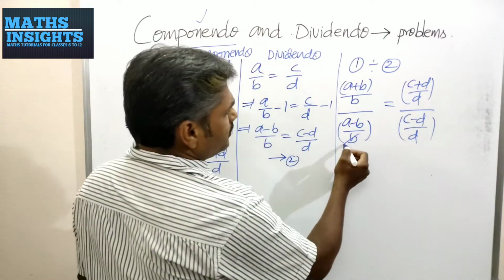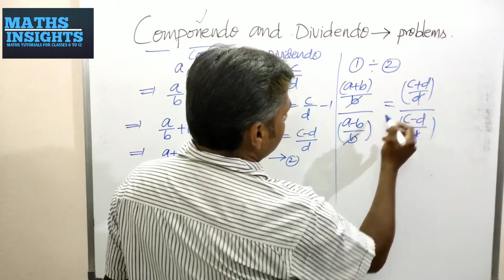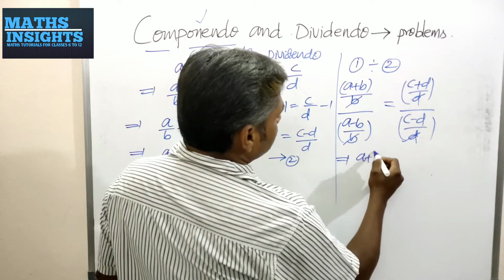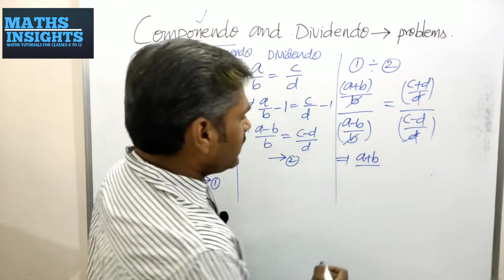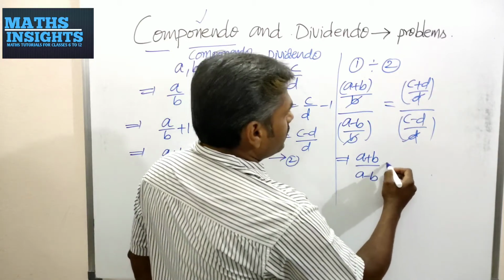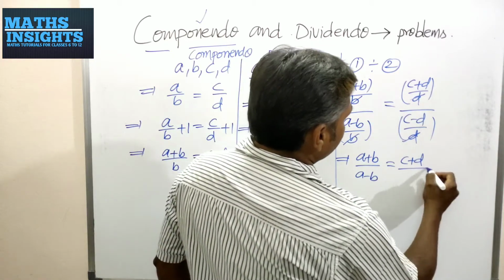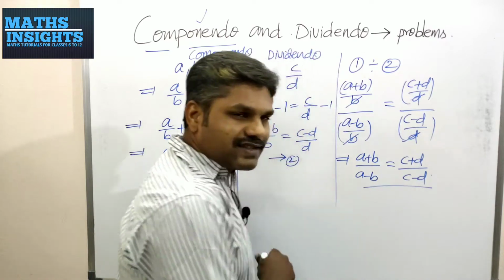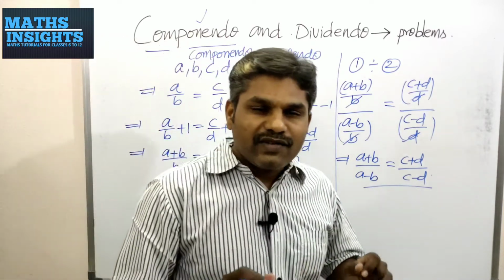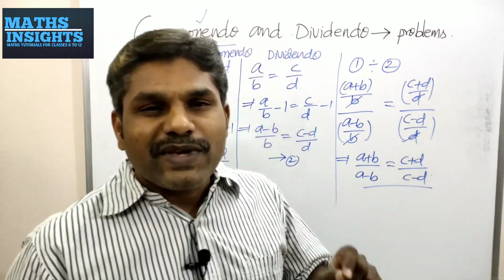If you cancel b and d, you will remain with (a plus b) by (a minus b) equals (c plus d) by (c minus d). This is called componendo and dividendo of the quantities a, b, c, d.